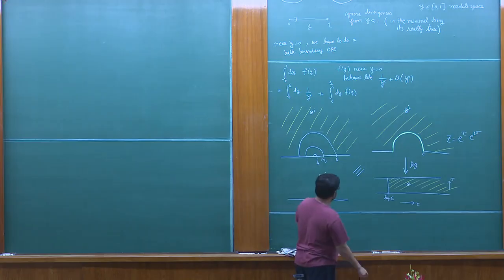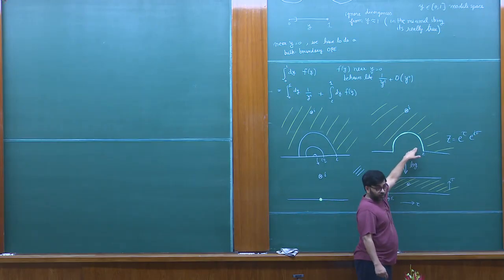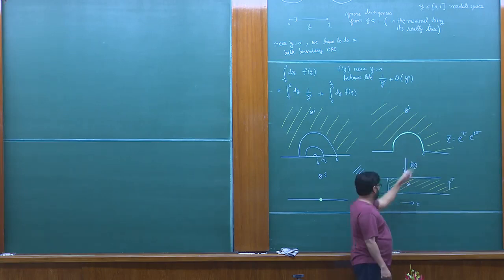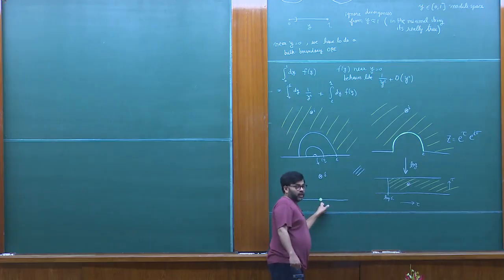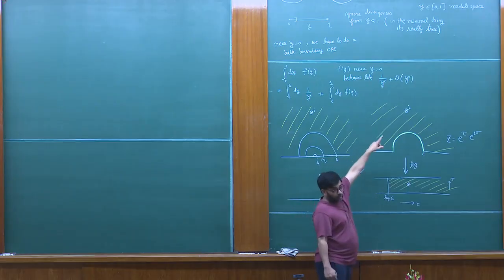So here, just imagine that this is some state in the Hilbert space of the CFT on a line segment. And you know by the state operator correspondence for open strings that every such state can be created by a local open string operator inserted at the origin. So that's what we are using. That just stays there, it's just going for the ride.